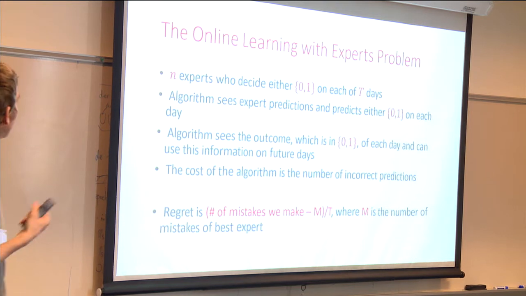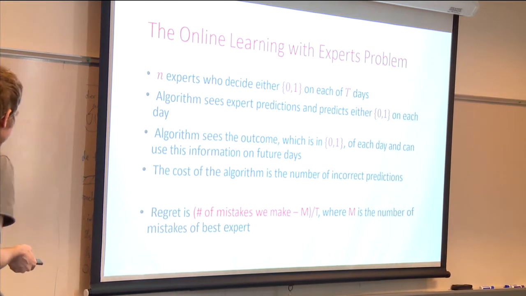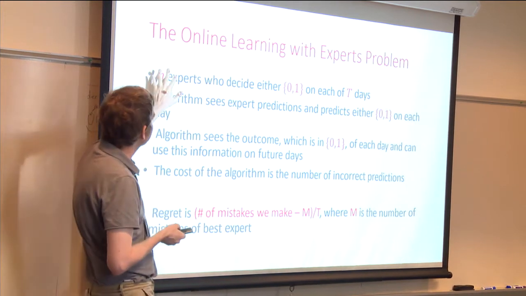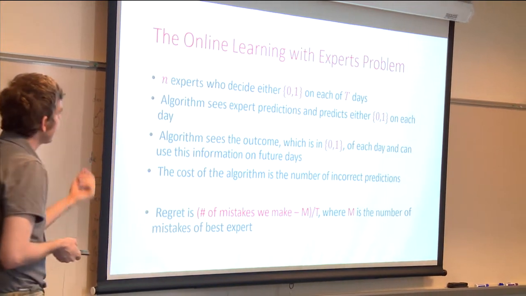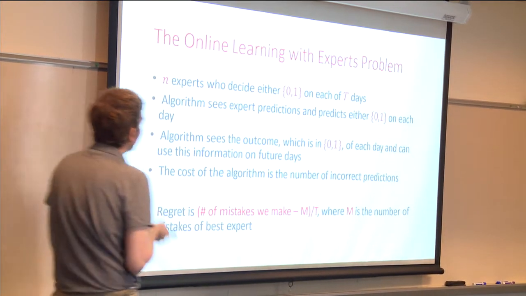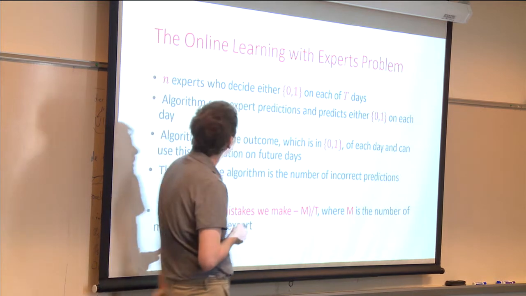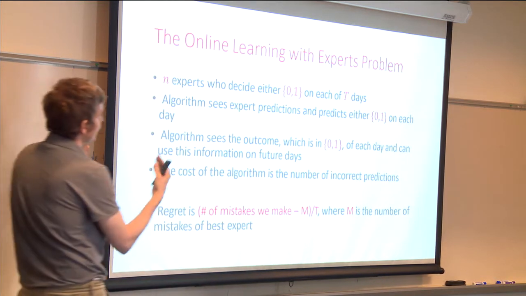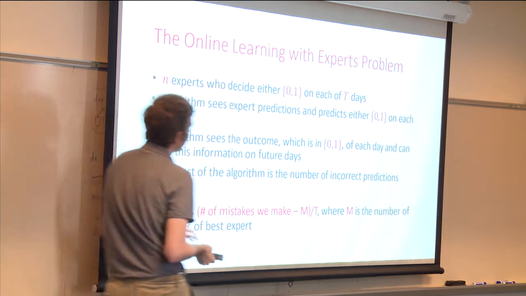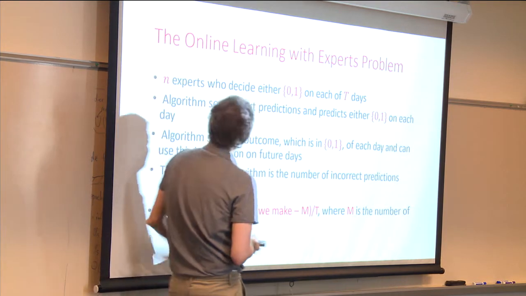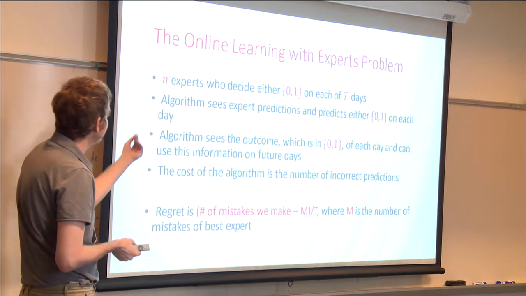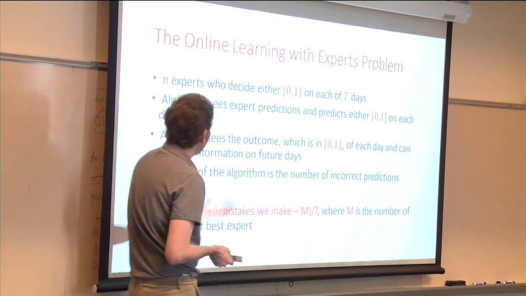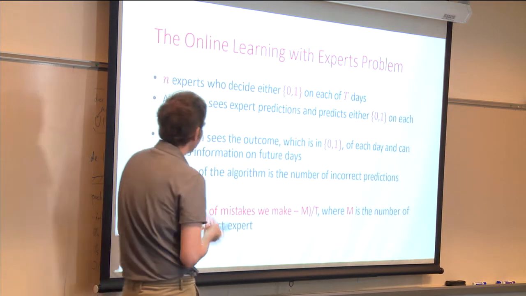Formally, to set up this problem, we have n experts who each decide, for this talk, on a binary outcome, 0 or 1, on each of t days. The algorithm sees the expert predictions, and then it makes its own prediction on each day. And then it sees the outcome, and it can use this information on future days.